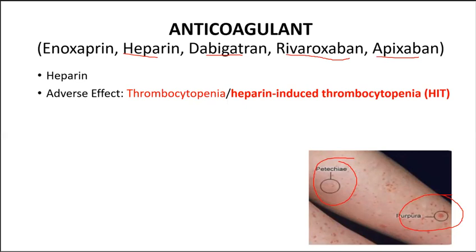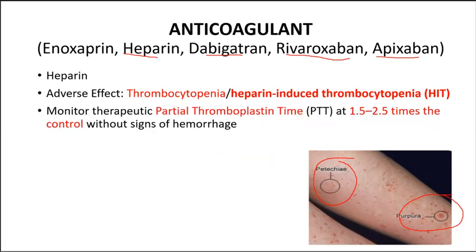So we need to carry out complete blood cell counts to monitor our platelet levels, red blood cells, and white blood cells. Look out for petechiae, purpura, melena, coughing up blood or hematemesis, or even bleeding gums. These are signs that your patient could be developing that complication.